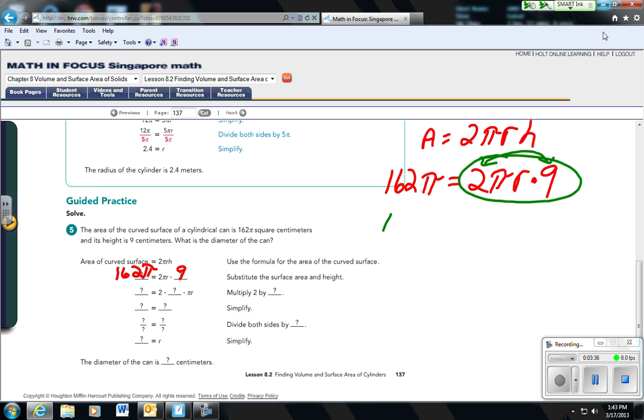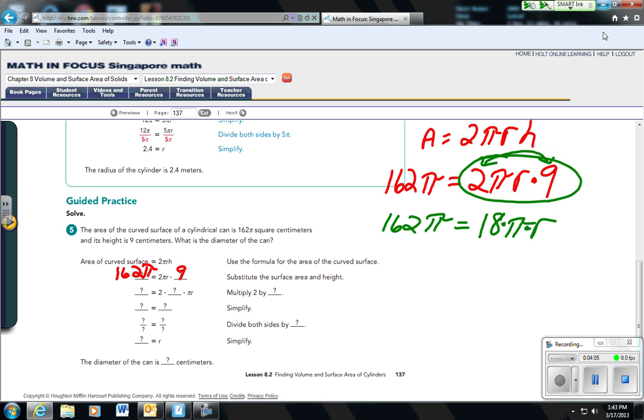And what we'll get is 162 times pi equals 2 times 9. Again, it's all multiplication, so we can multiply in any order we want. And we know that 2 times 9 is 18 times pi times r. If it helps, you can put those dots in between so you can see the differences there in multiplying. But we just combined our two integers there, 2 and 9.